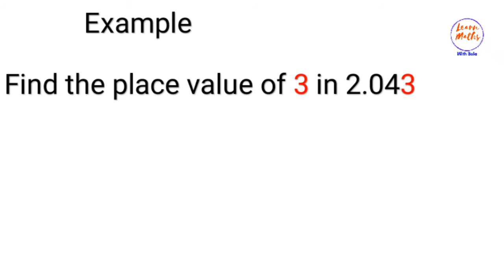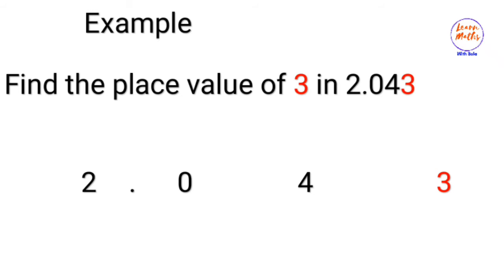Let's take an example. In this example, you were asked to find the place value of 3 in 2.043. Very simple, very easy, straightforward and clear. The first step is to write out the numbers given. 2.043. That is the number that we were given.